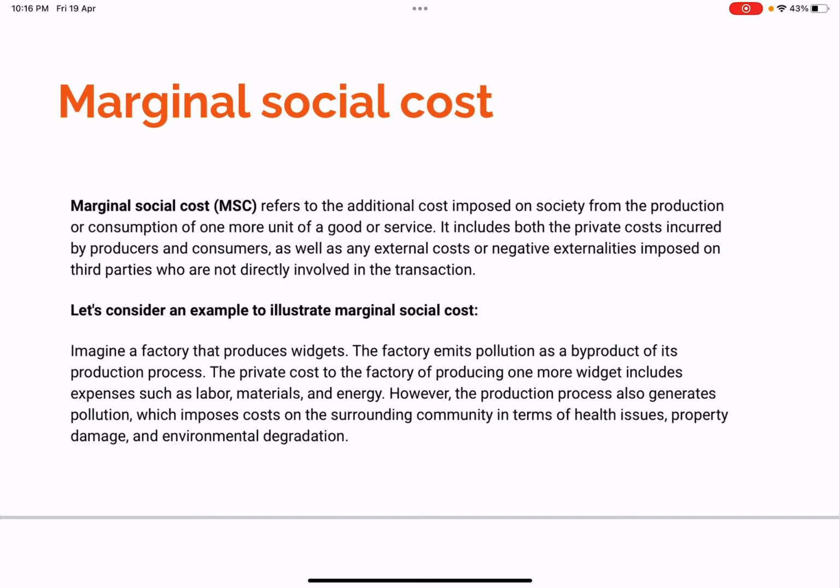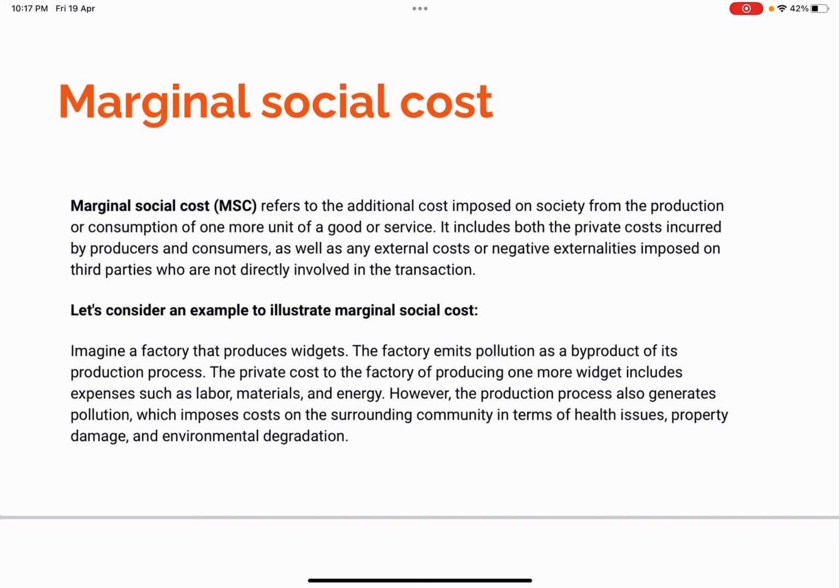Let us imagine that there is one factory, some firm which is producing some product, widgets, some product X. The factory would emit some pollution as a byproduct of its production. And the private cost of the factory of producing one more product includes, what would that include? It would include the material cost, the energy cost, the labor cost, and so on.